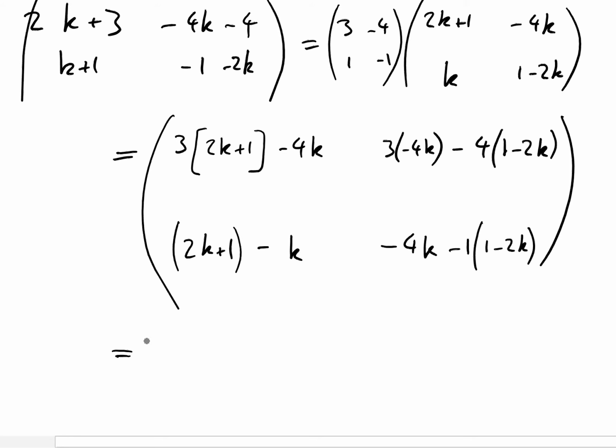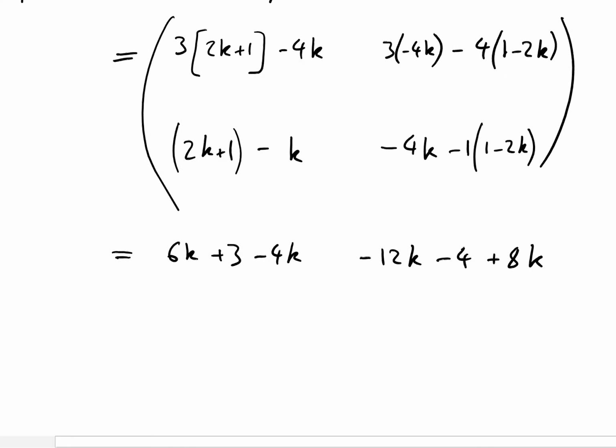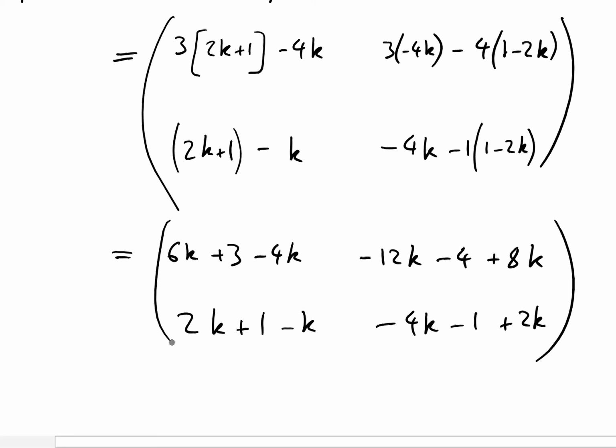So we've got 6k plus 3 minus 4k. And then in here we've got minus 12k minus 4 plus 8k. Careful, the double negative there. And then we've got 2k plus 1 minus k. And we've got minus 4k minus 1 plus 2k, double negative. Okay, and then we just need to simplify that down.